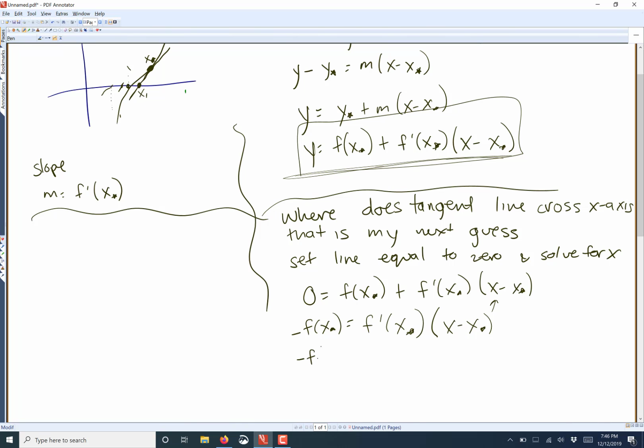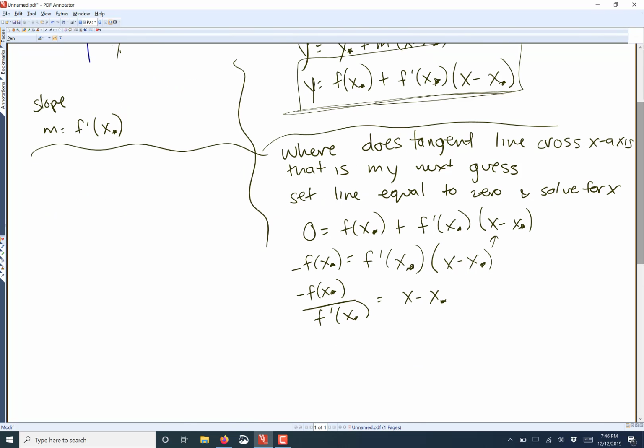So we have negative f at x star over f prime at x star equals x minus x star. And move that x star over. So we have x star minus f evaluated at x star over f prime of x star equals x. This is my next guess.